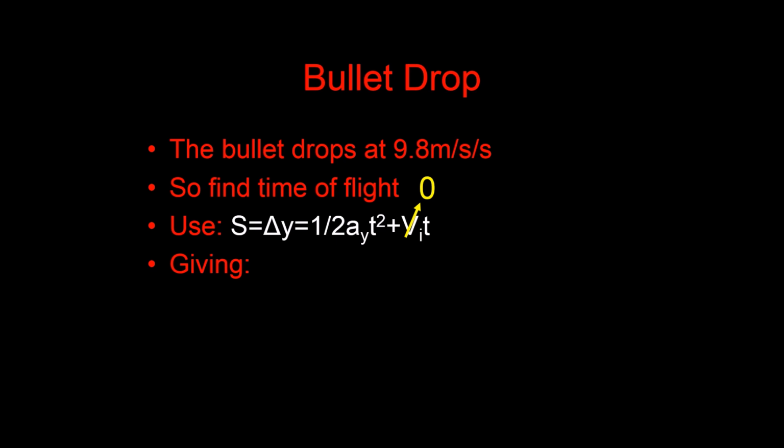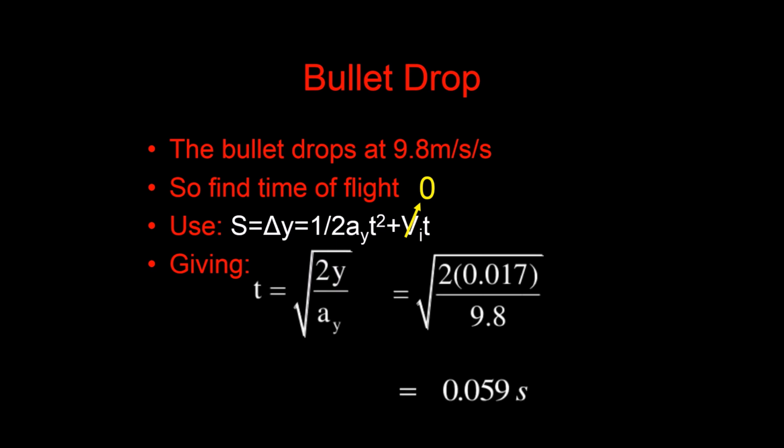So we can safely say the VIY is 0, giving us half AT squared, or more accurately, half GT squared. So T will be the square root of 2y over g. So our time will be twice the displacement divided by the acceleration, rooted, if we rearrange this equation. That will give us 0.059 seconds.